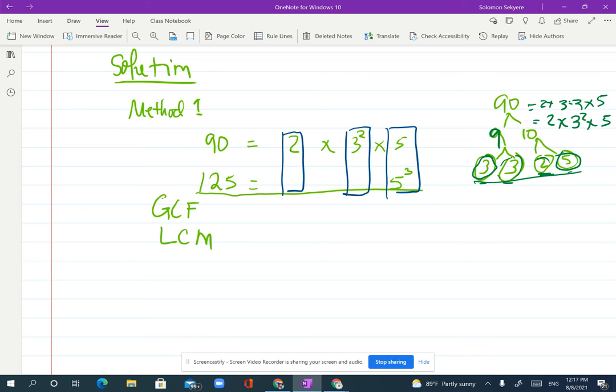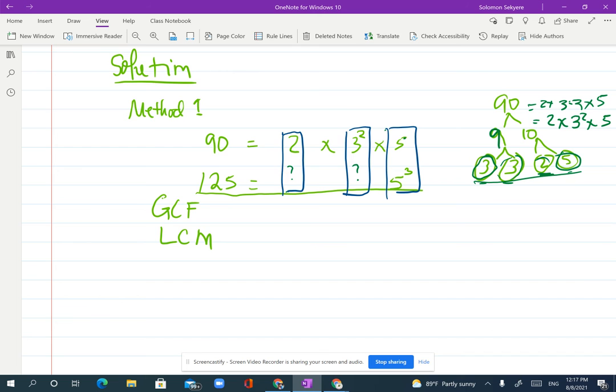With my GCF, I box every column and I look for a number in every row. Here this is blank, so I skip it. This is blank, I skip it. This is the only column that I will consider, because it has 5 on this row and also 5 cubed here.